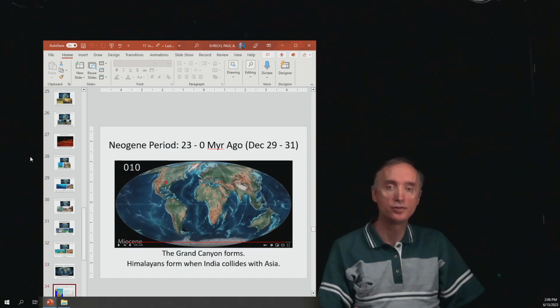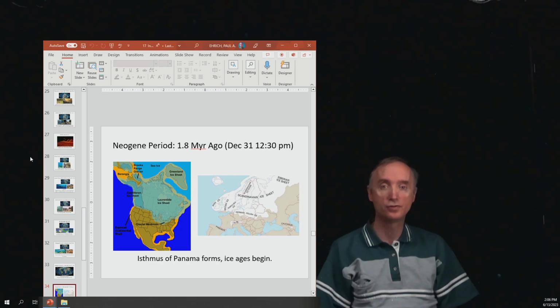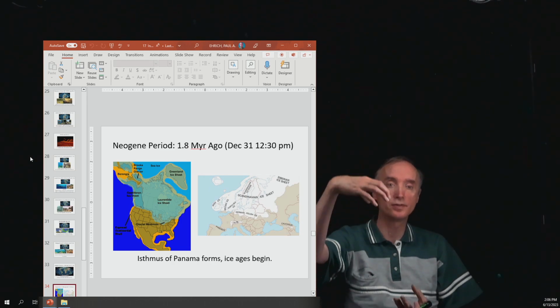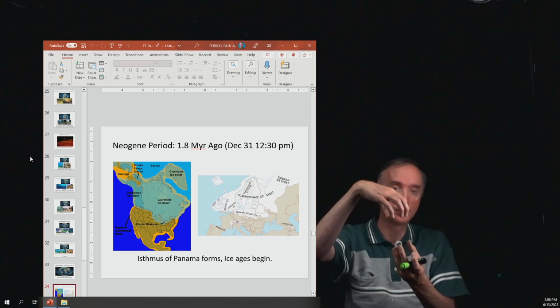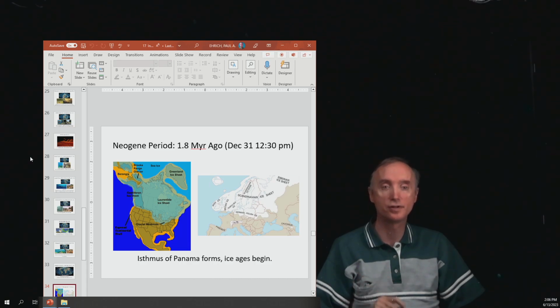And then the other thing I wanted you to notice is the ice ages. So roughly 2 million years ago, the Isthmus of Panama forms when North and South America come together. And that blocks the global ocean currents, which triggers an ice age.